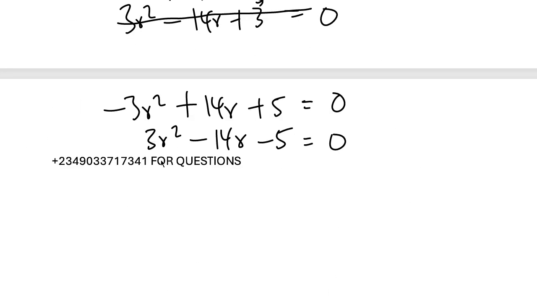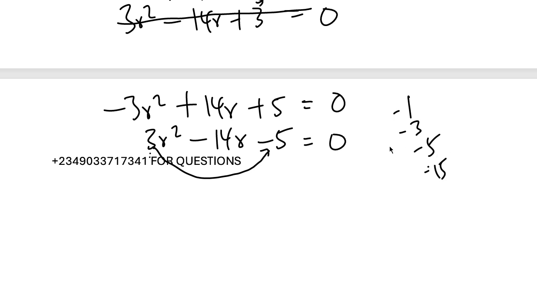So from here now, we solve the equation. We look for two numbers that we add such that we're going to get what? Negative 14. And when we multiply, we're going to get what? Negative 15, because that's 3 times negative 5, which is negative 15. So if you look at factors of negative 15, all these things are factors.